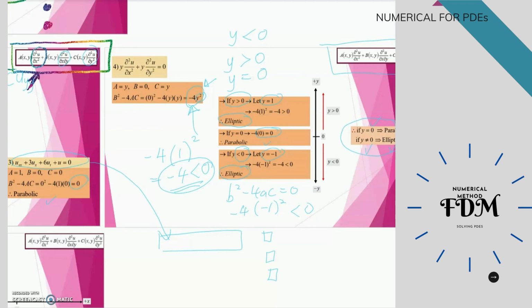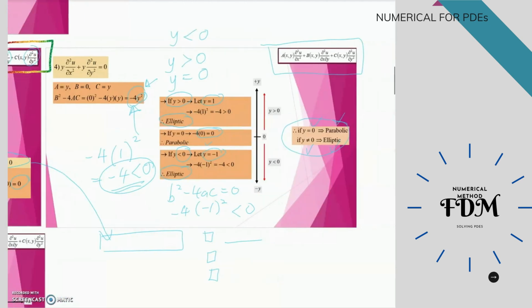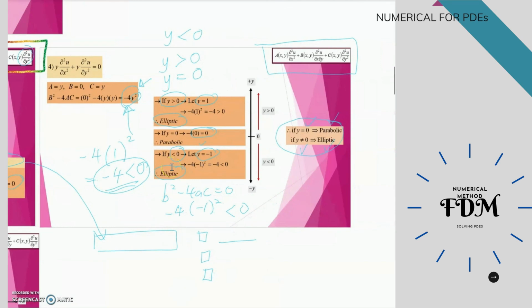So my statements here, probably I can put: if y greater than 0, it is elliptic. So it is true, right? So you need to choose this one. The second statement is, if y equals to 0, the classification is hyperbolic. So this is wrong, so I'm not choosing this one.